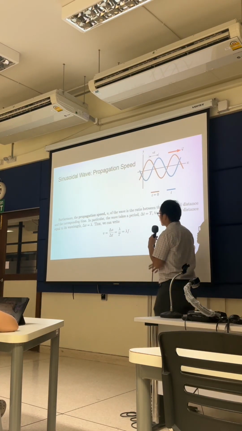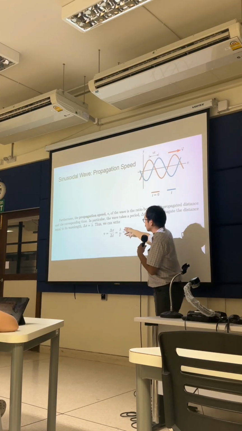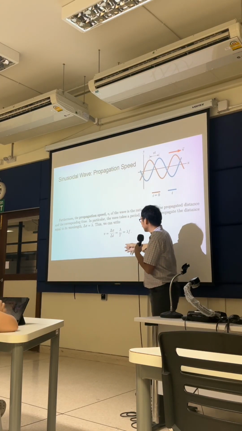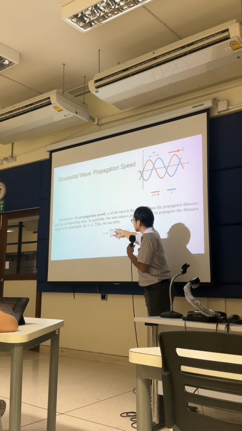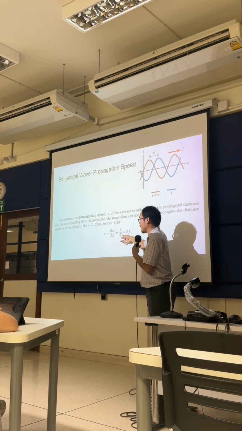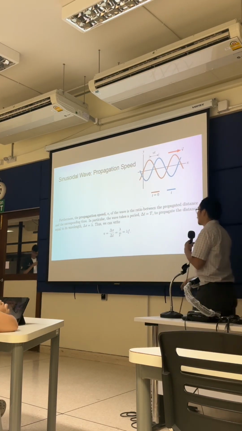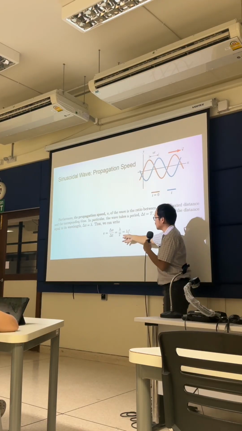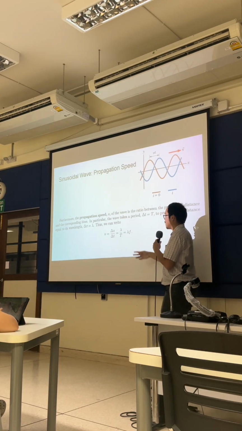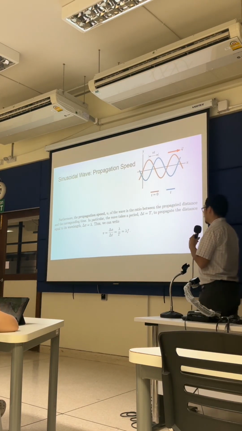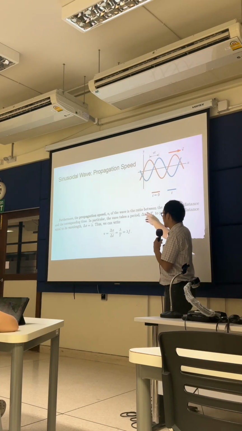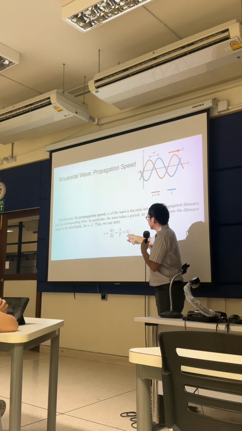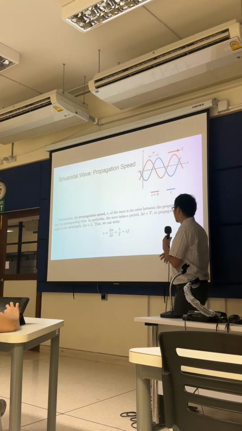In other words, the propagation speed has to be the ratio lambda over T. It's how far we move, delta x, divided by how much time has elapsed, delta t. And the reciprocal of T is the frequency f. So this gives us the famous relation that the propagation speed of a wave is the wavelength multiplied by the frequency.